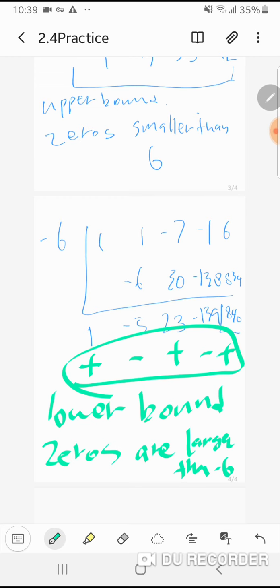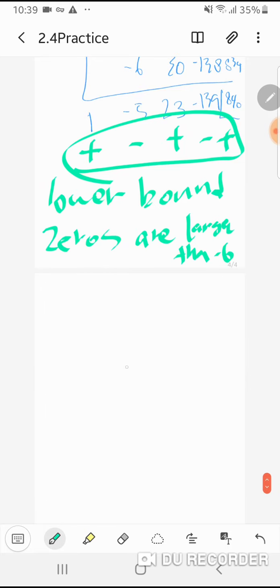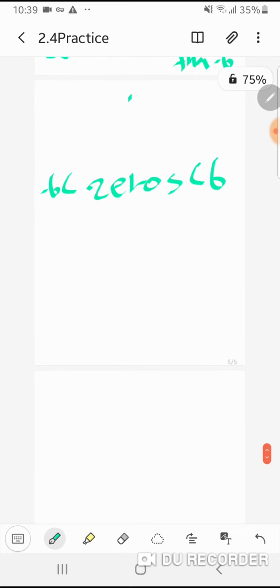Okay? So now we know that the zeros are smaller than 6 and larger than negative 6. Maybe we should write that. So now we know that negative 6 is smaller than the zeros, which are smaller than 6.